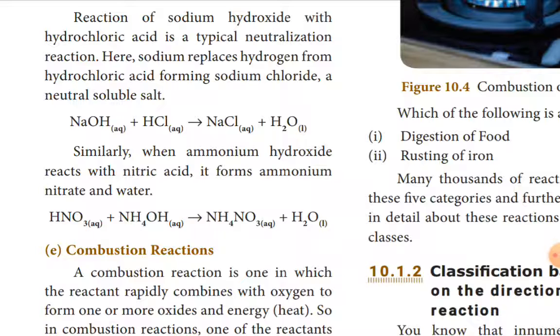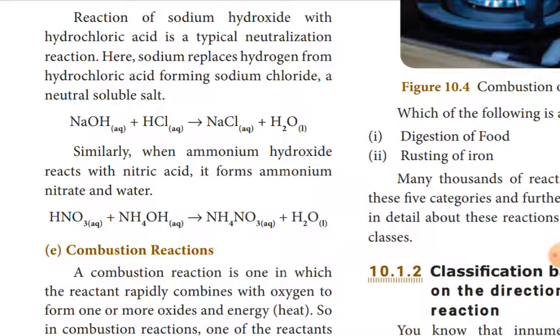So ammonium displaces hydrogen from nitric acid. In the place of hydrogen, ammonium will occupy with NO3 to form ammonium nitrate, and the hydrogen from nitric acid combines with the OH of ammonium hydroxide to form water.